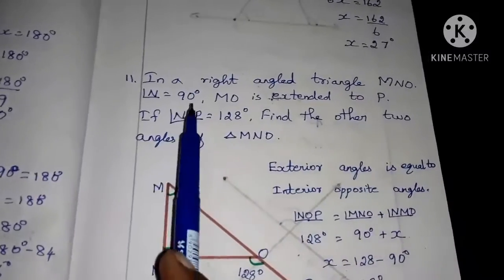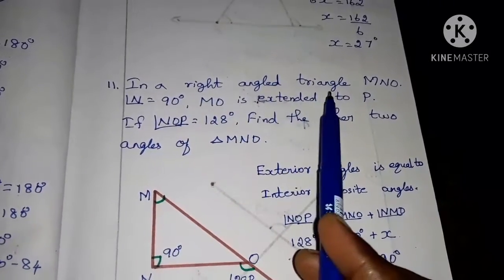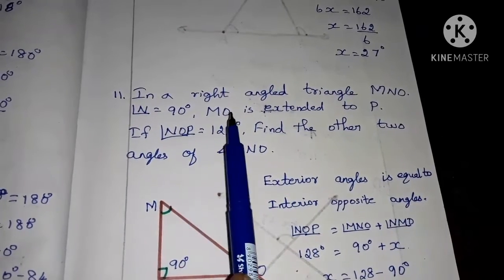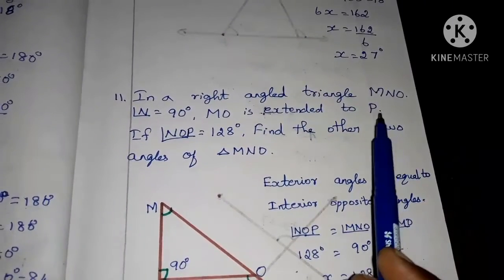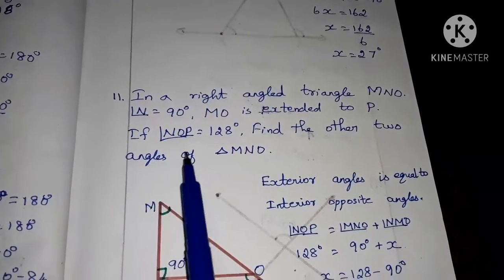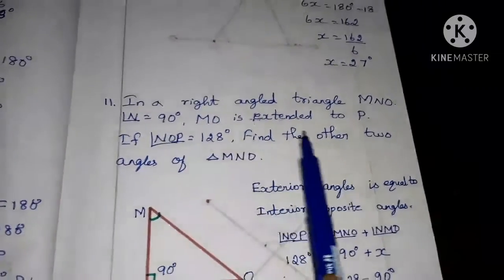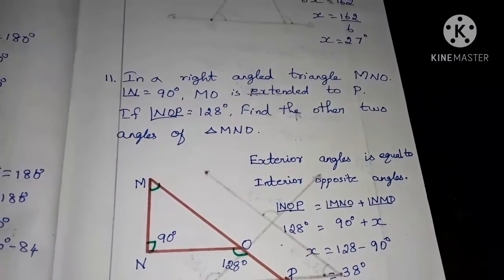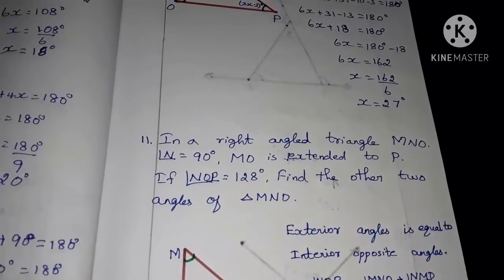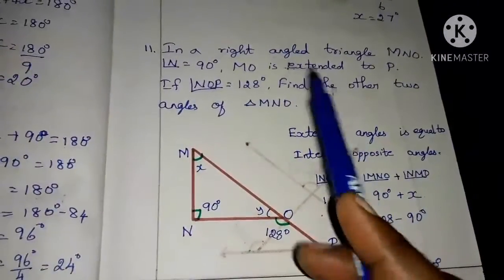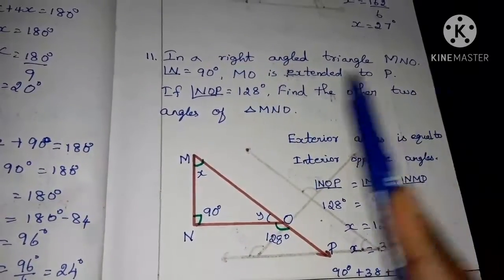Next, question number 11. In a right angle triangle MNO, angle N is 90 degrees, and MO is extended to P. If NOP is 128 degrees, find the other two angles of MNO.